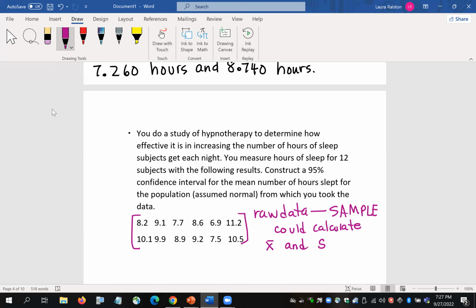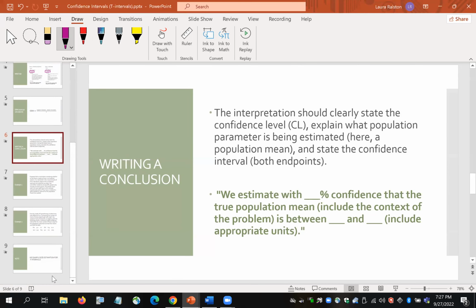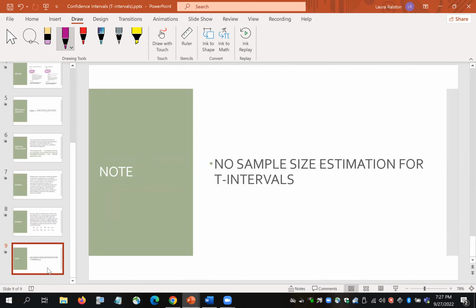And it comes down to, do you know the population standard deviation or not? We do not do sample size estimation for T intervals.